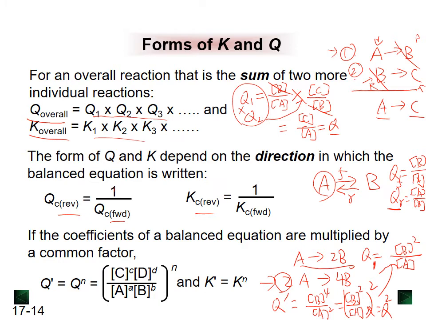So in general, if you multiply by n, then the new Q should be the original Q to the nth power. Similarly, the equilibrium constant after you multiply a common number should be the original K raised to the power of n, which is the number you multiply by on both sides of the reaction.